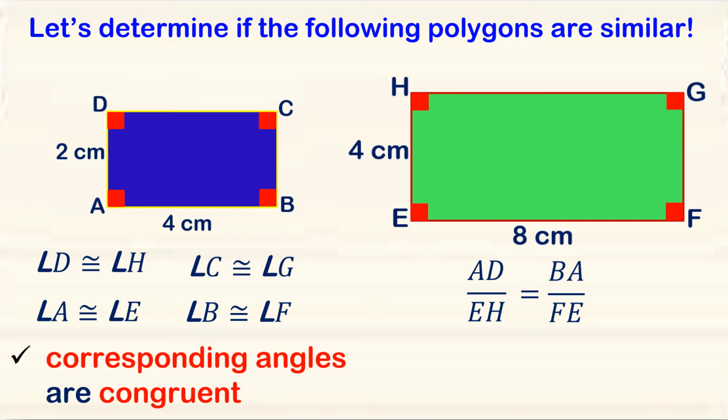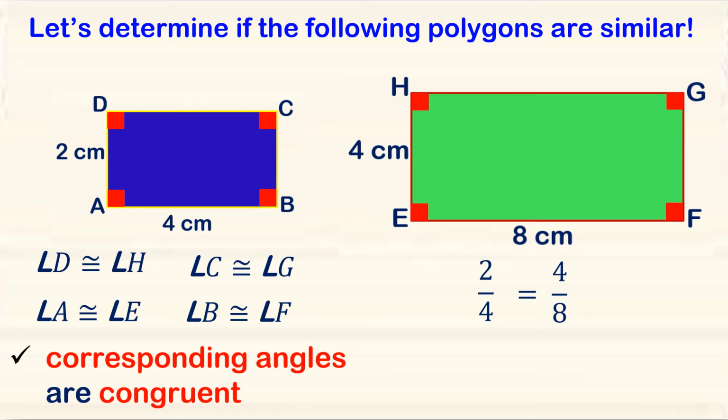Then we substitute the measurements. AD is equal to 2 and EH is equal to 4, so we have 2 over 4. BA is equal to 4 and FE is equal to 8, so we have 4 over 8.